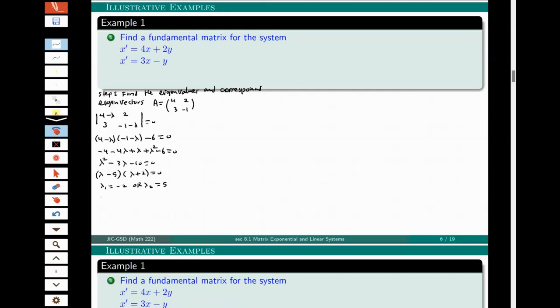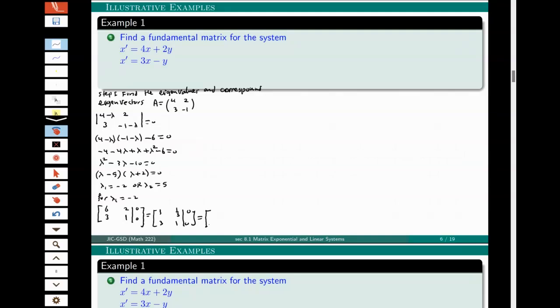Then we solve for the eigenvectors. We put in minus 2, so we will get 6, 2, 0, and 3, minus of minus 2 will be plus 2, so that is 1, 0. If we divide by 6, you get 1, 1/3, 0, and that is 3, 1, 0.